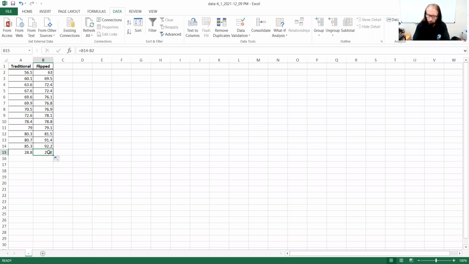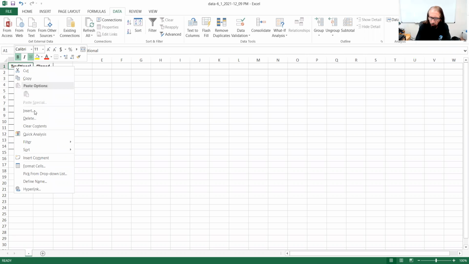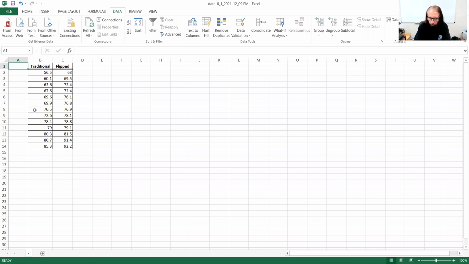We could add up our 13 scores for the traditional class and get the mean after dividing by 13. Well, I'm going to speed that part up and then do the rest as if I'm doing this by hand.